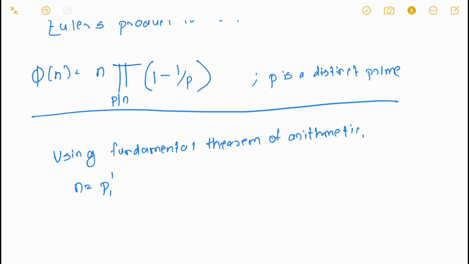So I will write it as p1 raised to k1, p2 raised to k2, and so on up to pr raised to kr, where p1 is less than p2 is less than pr and each ki is greater than or equal to 1.